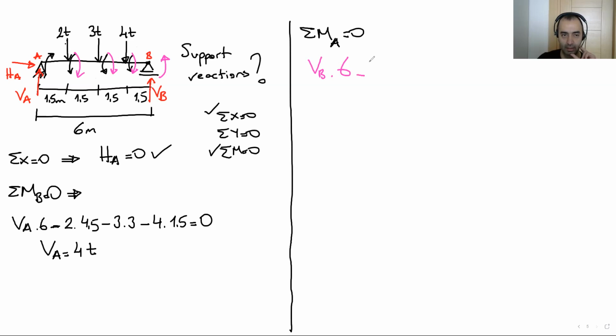Minus 4 times 4.5 meter. Then minus 3 times 3 meter. Minus 2 times 1.5 meter equals 0. So if we solve this equation, vertical B equals 5 ton.